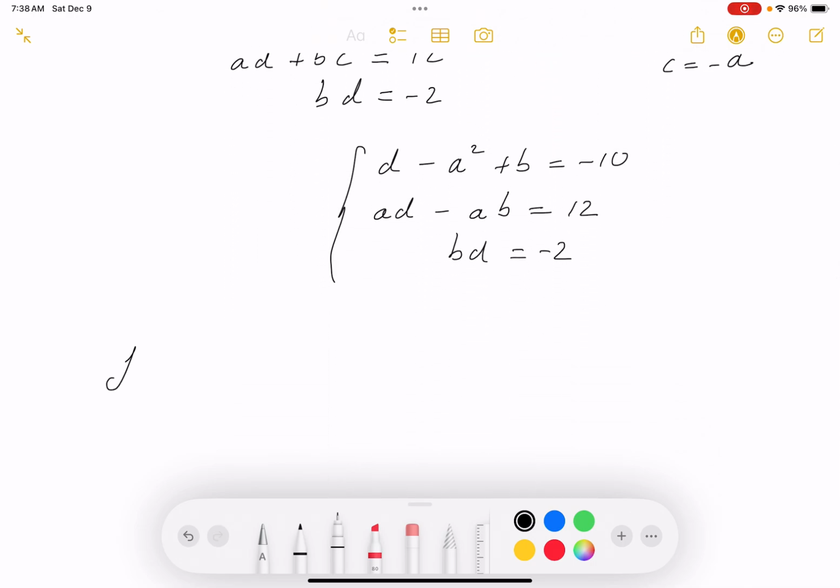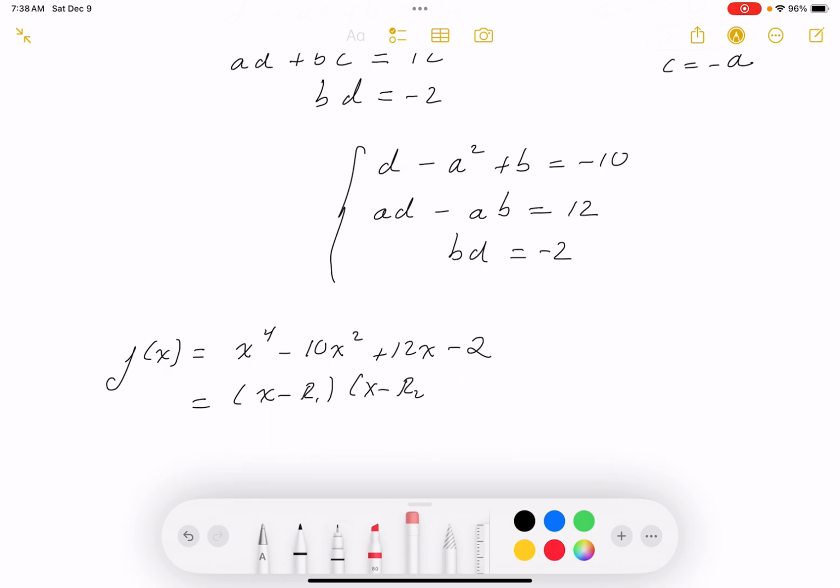That f of x, let me just remind you what we just showed. F of x is going to be x to the fourth minus 10x squared plus 12x minus 2. And what we did is we factored it. Remember, we said x minus r1, x minus r2.